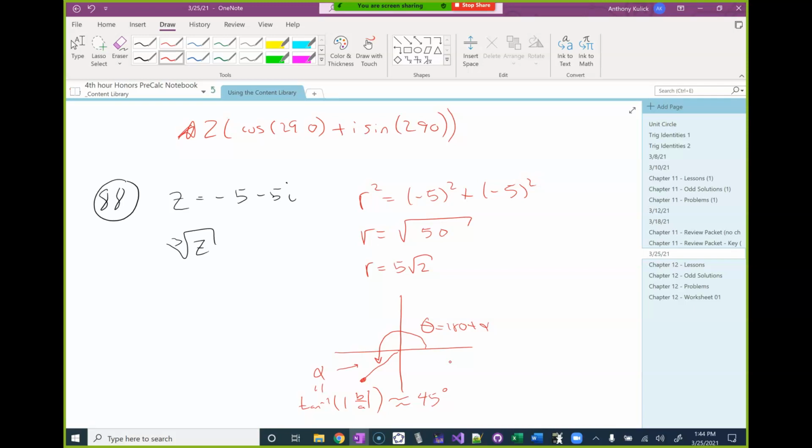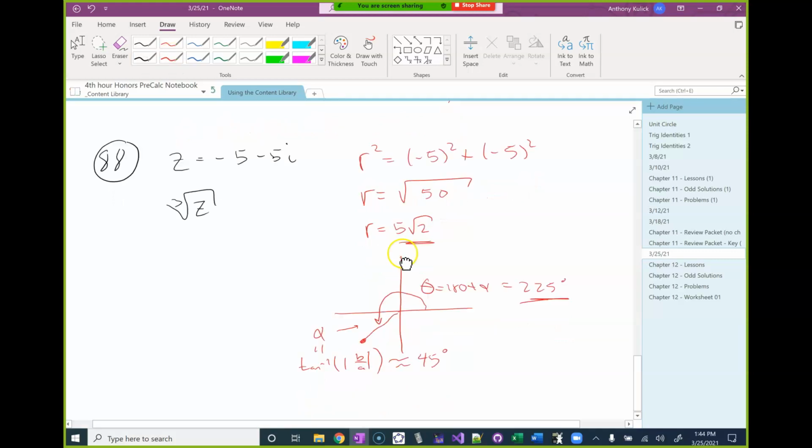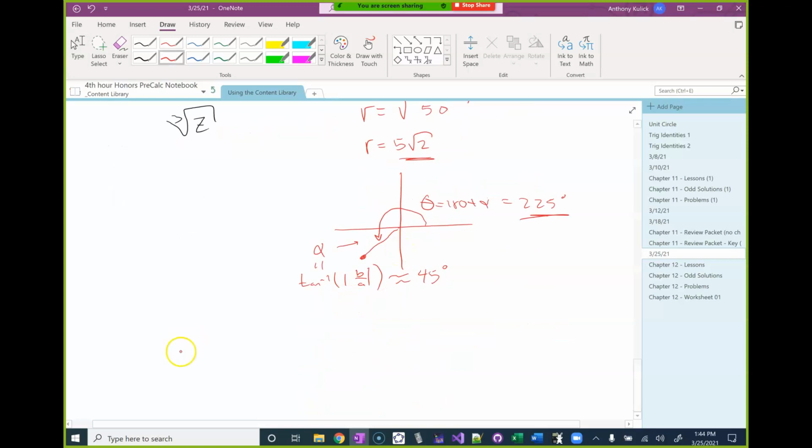It doesn't specify? Okay, so I'm going to do it in degrees then, just because it feels like everybody's more comfortable there. So this is going to be then 225 for theta, and that's my r. The 45, I typed in tan inverse of -5 over -5 into my calculator. I didn't need to because there's a unit circle value. I mean, you could do that still and it would give you 45.